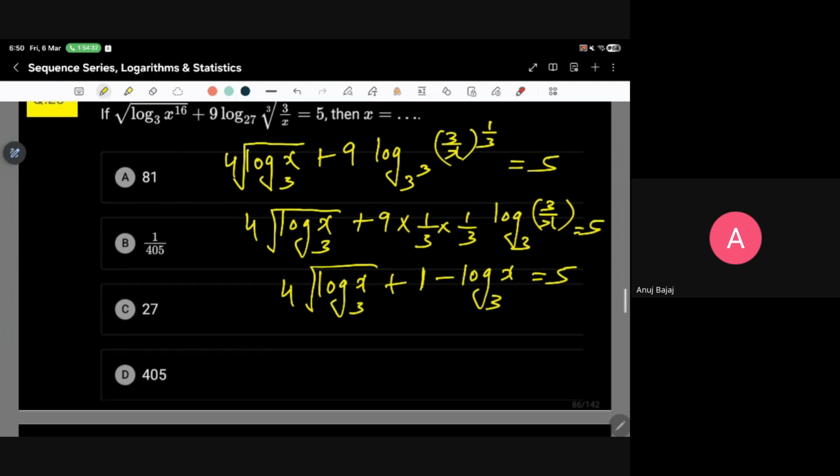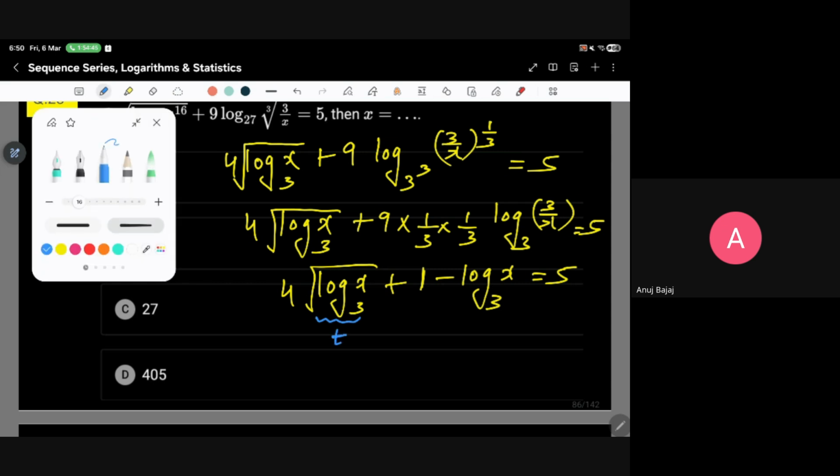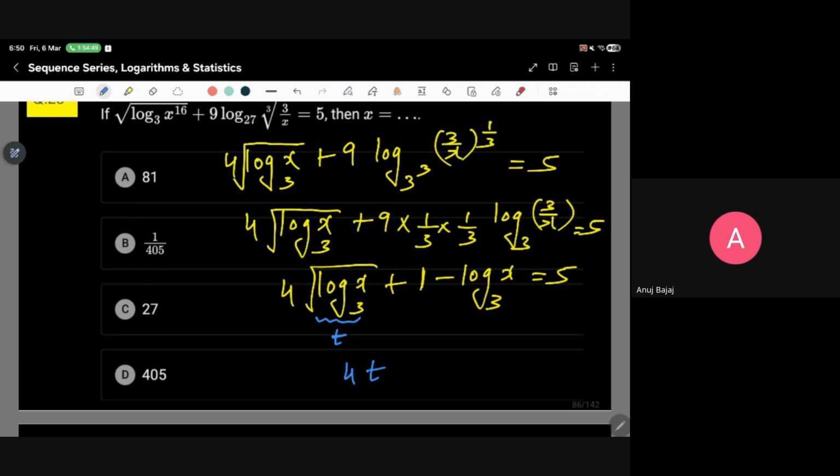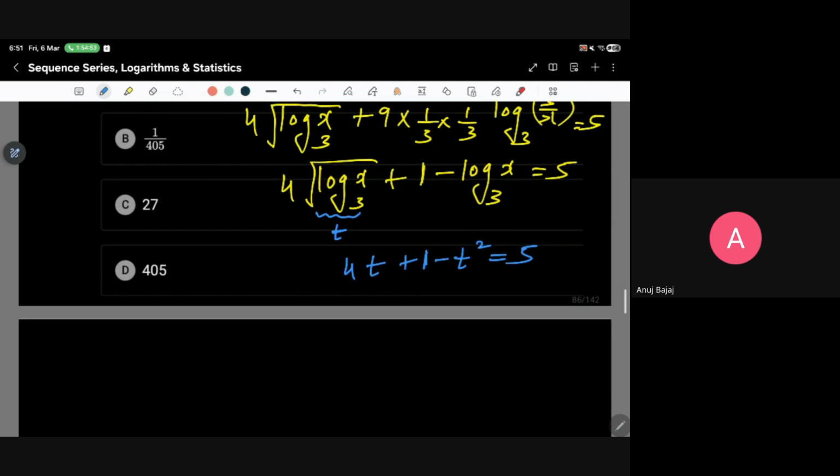So if we assume this thing as t for a moment, okay, so we have 4t plus 1 minus t square equal to 5. So t square minus 4t plus 4.